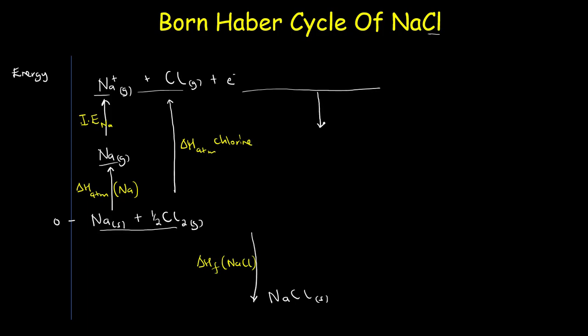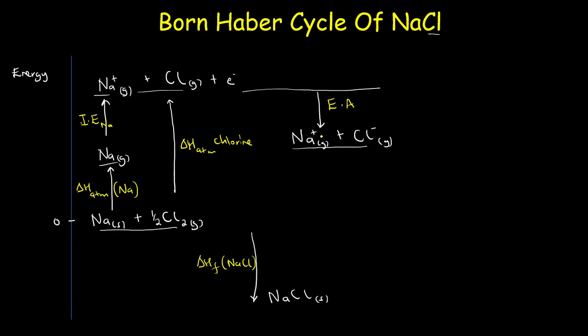So we shall have a downward arrow at this point where we shall now have our sodium in gaseous form plus our chloride ion after it picking that given electron. So how do we call this energy change? This is basically enthalpy of electron affinity. So you can say electron affinity. Our chlorine atom in gaseous form picking this one electron to form the chloride ion.